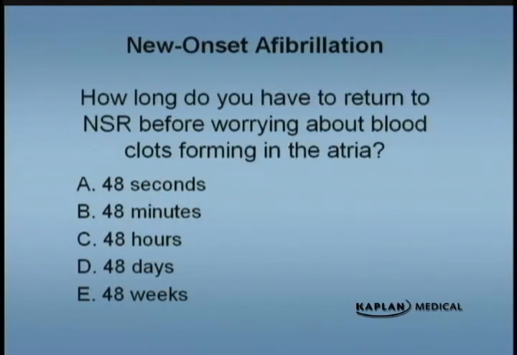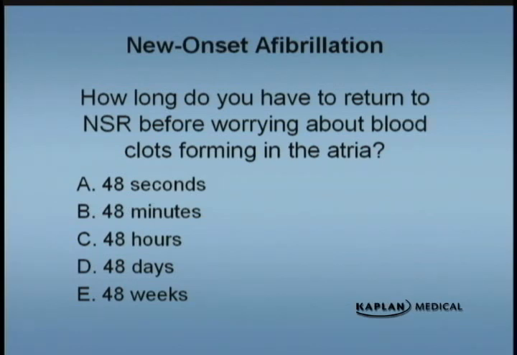All right, let's take another case. What if you have someone who's in atrial fibrillation? When do you worry about blood clots forming in the atria? The reason you don't want blood clots forming in the atria is after you convert them to a sinus rhythm, the blood clots may leave the atrium and go around the body and cause stroke, right? So in our best test-taking skills, we look at the choices here and we see the answer is 48 hours, okay?